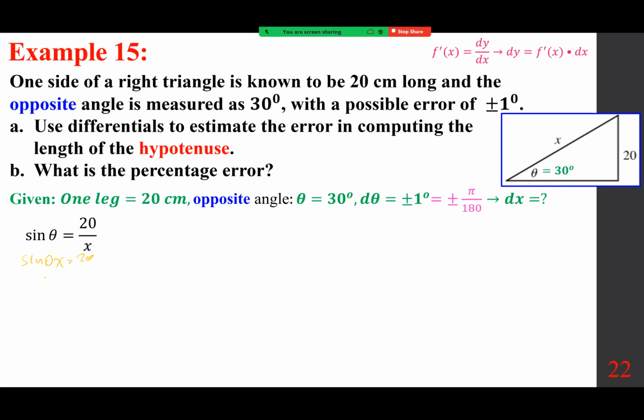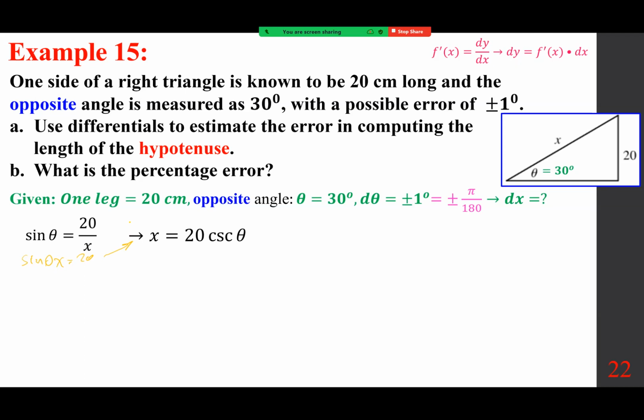And if you divide both sides by sine theta, you get x. If I divide by sine theta, that means I get cosecant theta on the other side. So x becomes 20 cosecant theta.